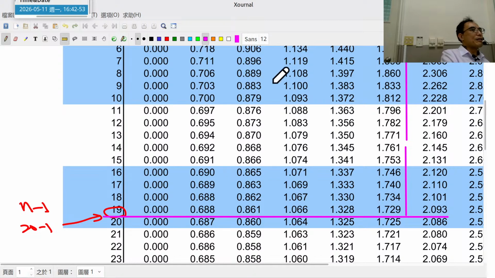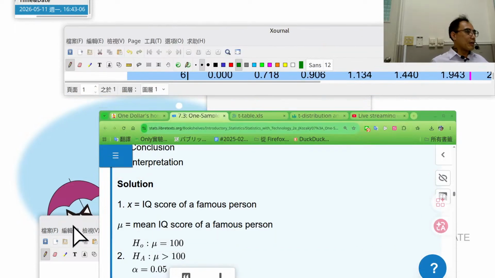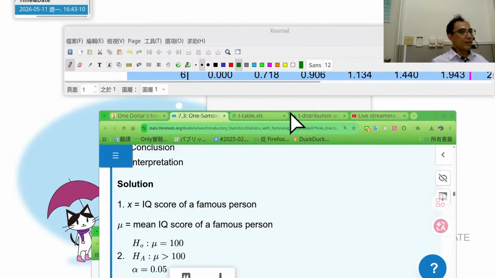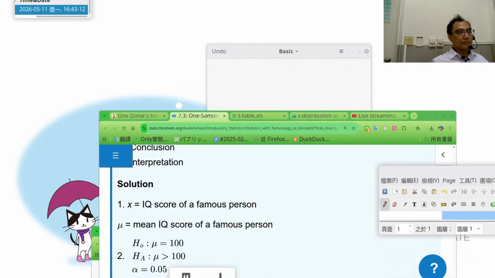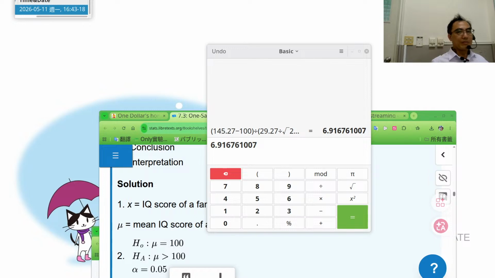Okay, and the value is here, 1.729, and according to our calculation, the number is 6.91, greater than this value.